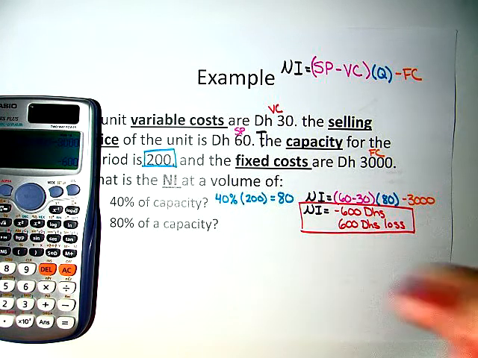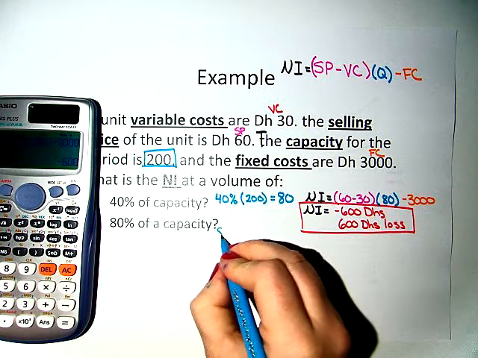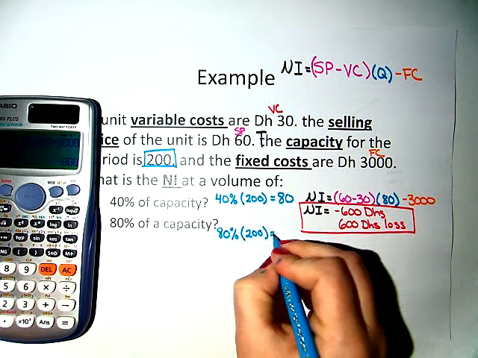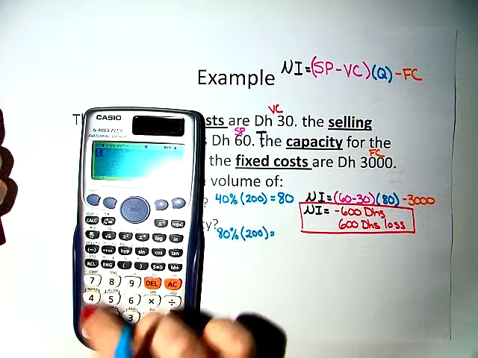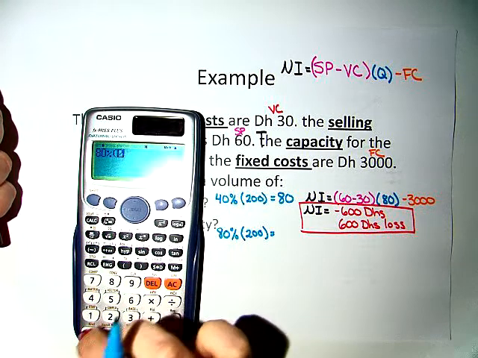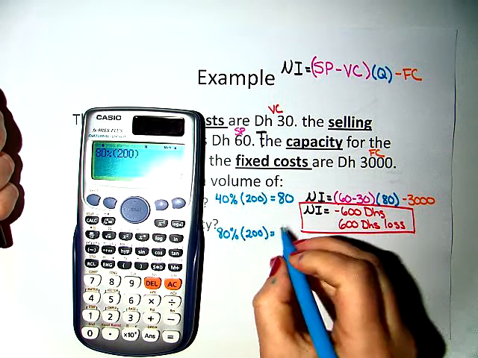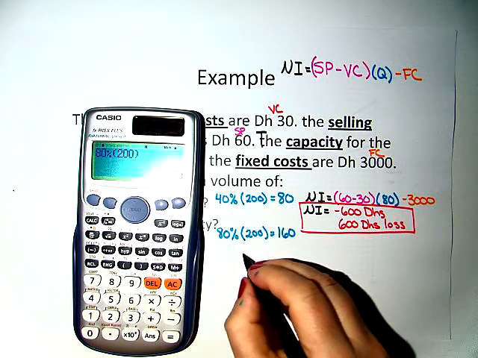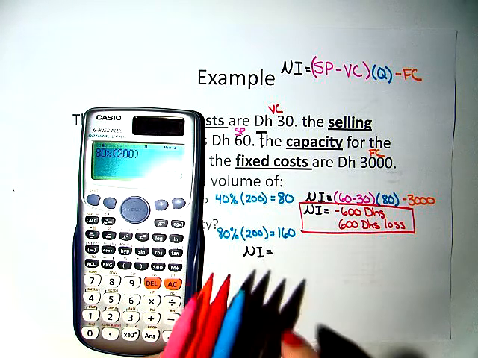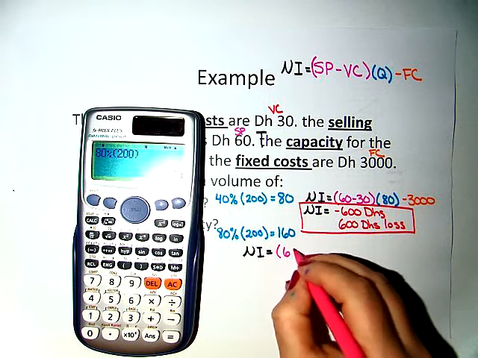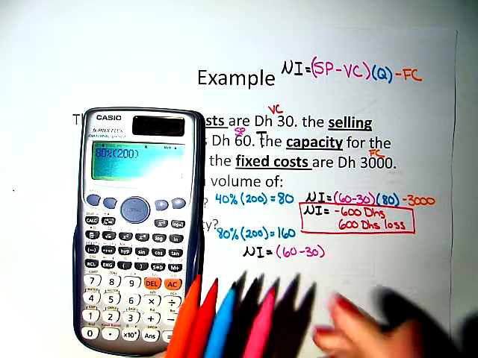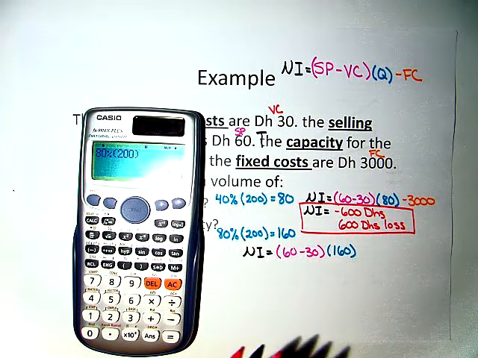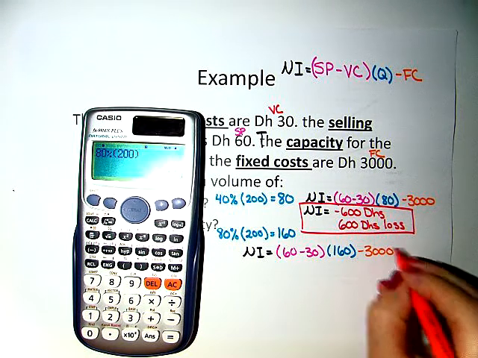Okay, so what about at 80% of capacity? Well, at 80% times the capacity of 200, let's do that in our calculator. 80% times 200 is 160. So we're going to put it in the exact same net income equation. Net income is 60 minus 30 times my quantity of 160 minus 3,000.